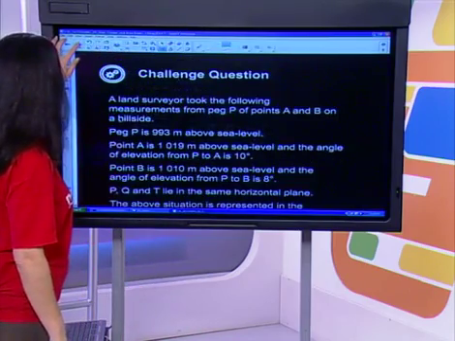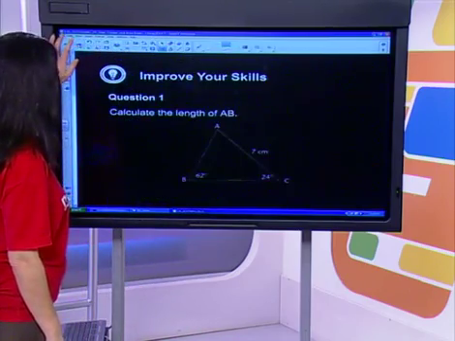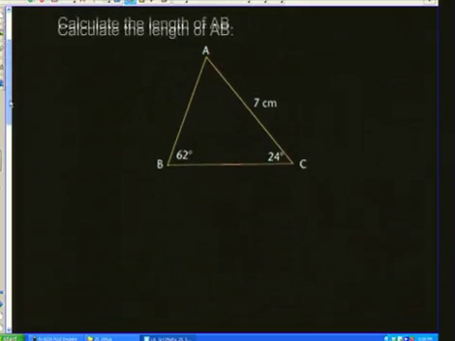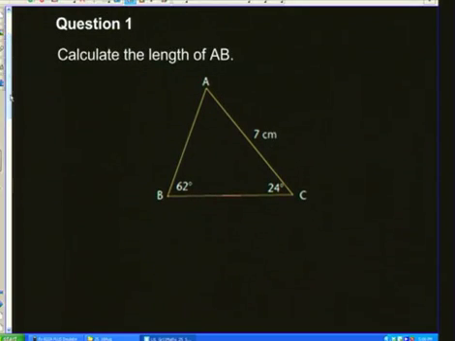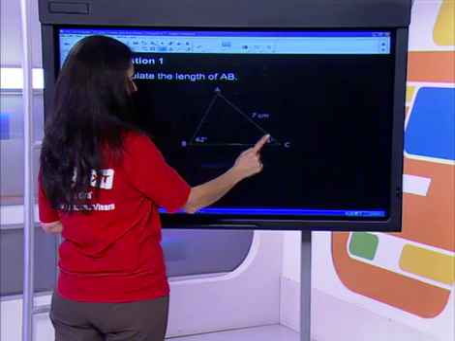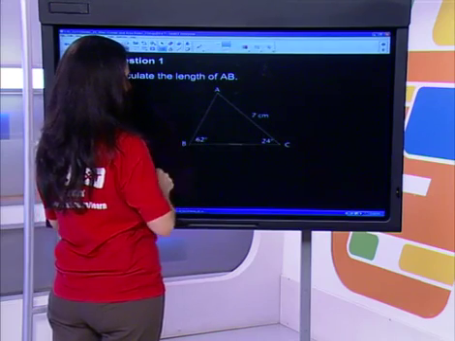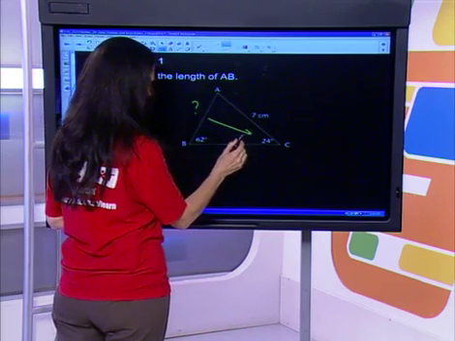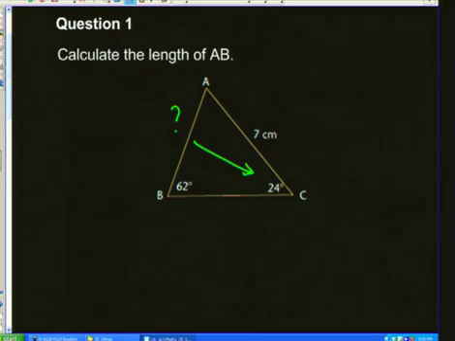So let's go into our first question. We would like to work out the length of AB. Now, if I look at AB straight away, I position my finger at the angle that's opposite that. This is the side that I need, and I can see that it's facing the 24 degrees. I can also see that the 7 that I'm given is facing the 62 degrees.